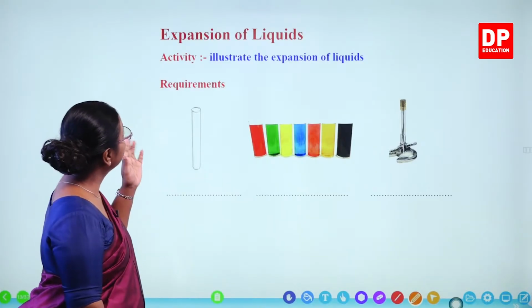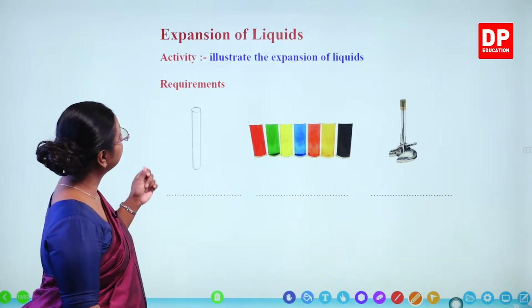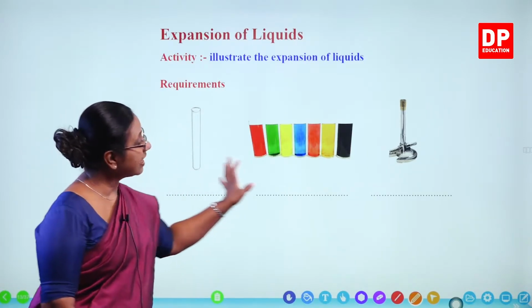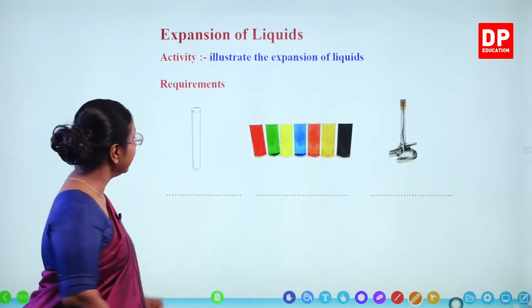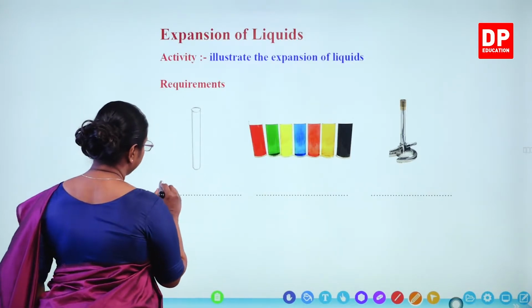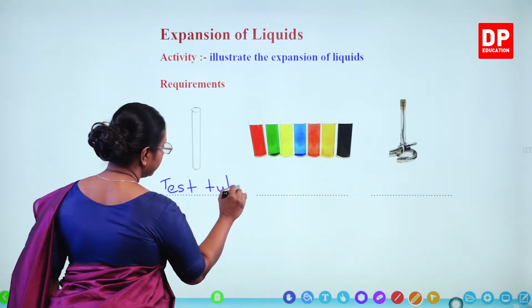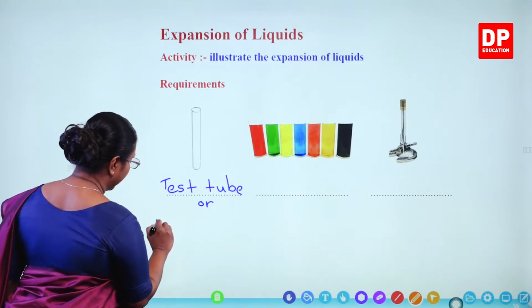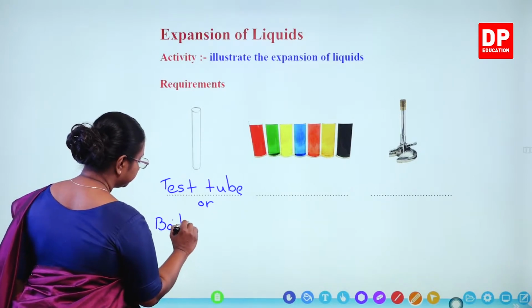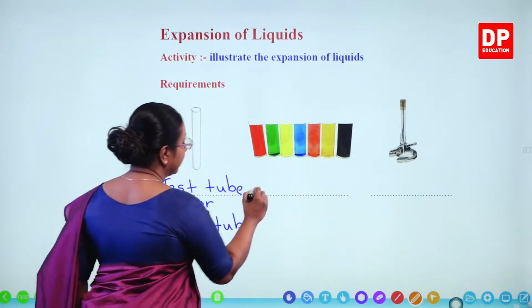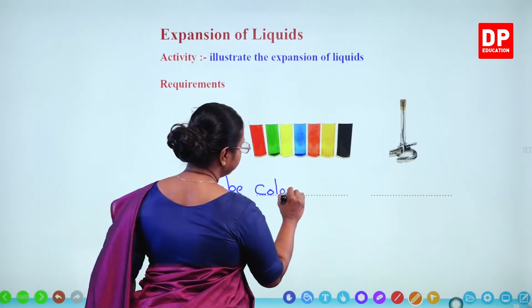So here we discuss an activity. Activity to illustrate the expansion of liquids. For that, these are the materials that are needed. We need a test tube, or you can even use a boiling tube. Then we need colored water.